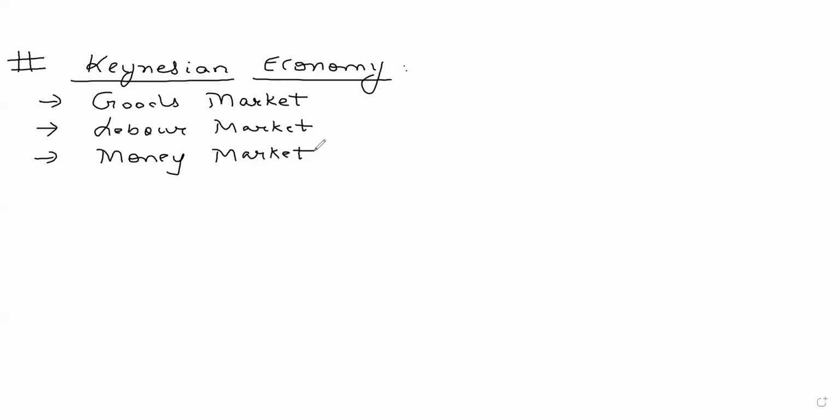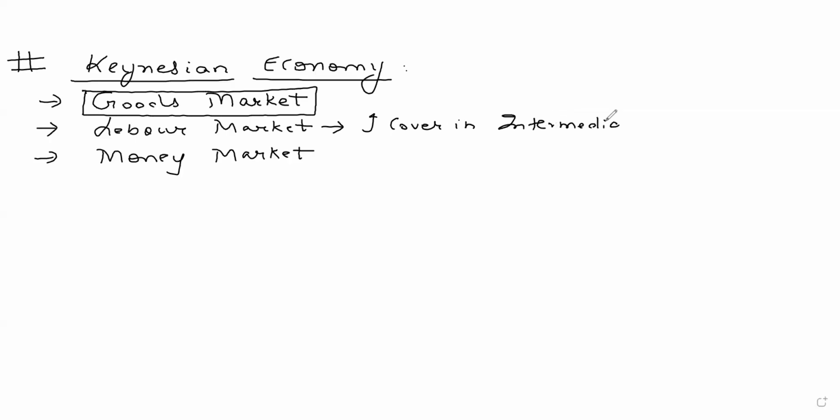Now in this particular lecture, I'm going to focus primarily on the goods market and deriving the equilibrium in the goods market. The labor market is something I cover in my intermediate macroeconomics part 1 course when I derive the aggregate supply curve.